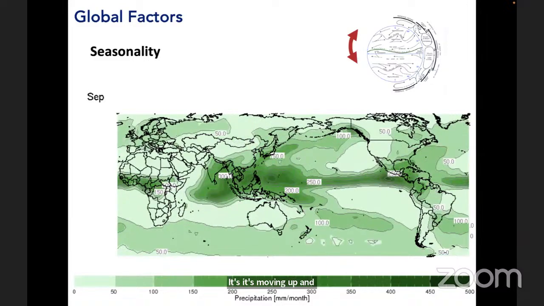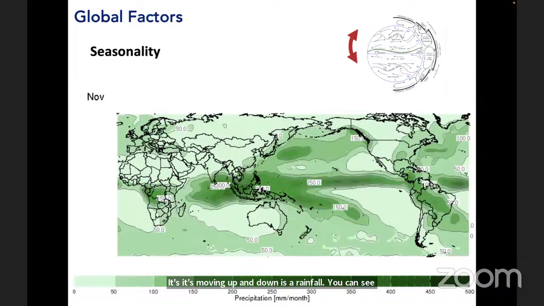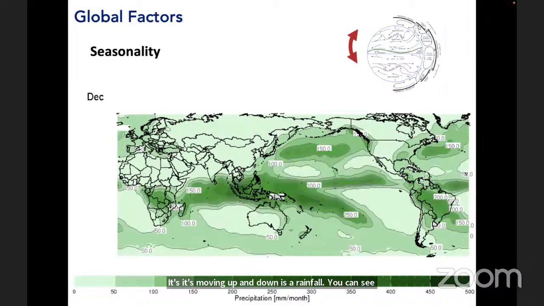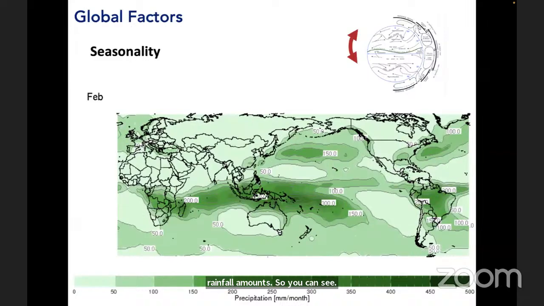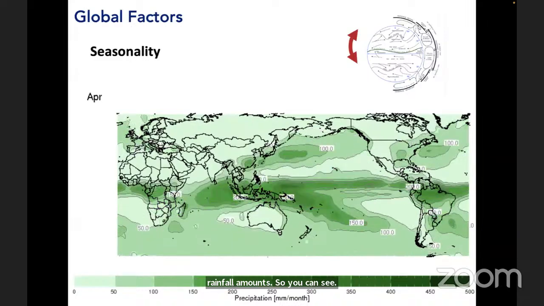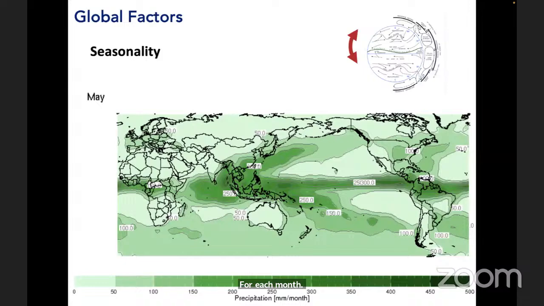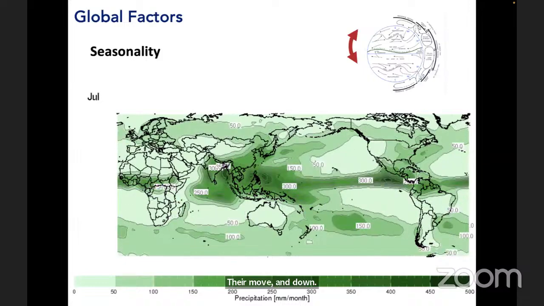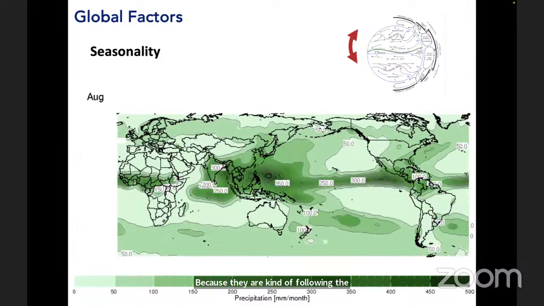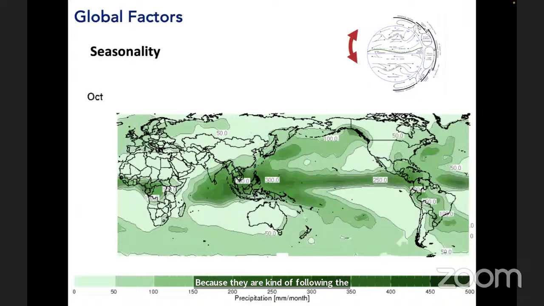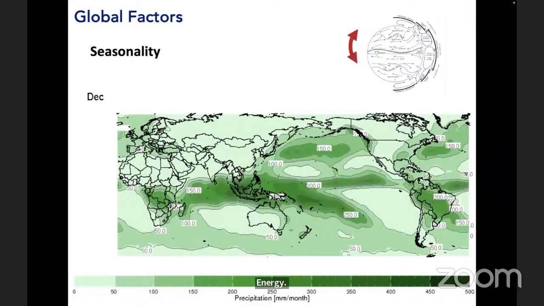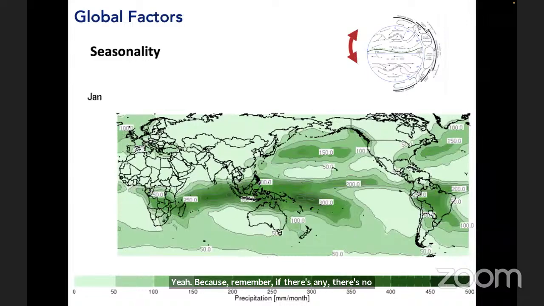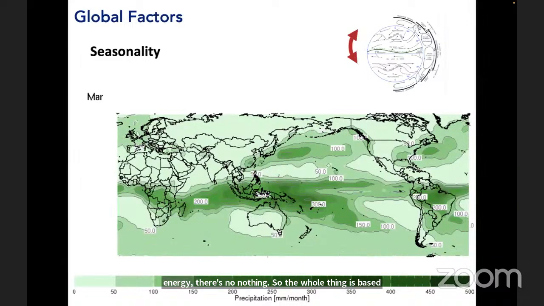Those numbers are total annual rainfall amounts. For each month, they move up and down because they are following the sun, which means they are following the energy. Remember I said if there's no energy, there's nothing. The whole thing is based on energy, surface heating and associated processes.